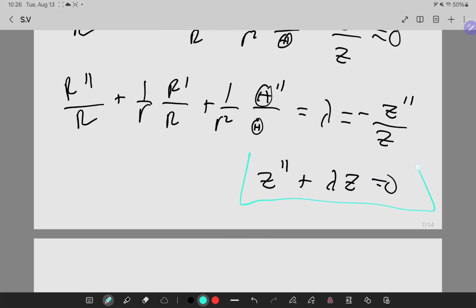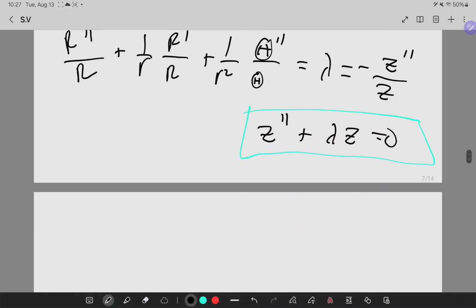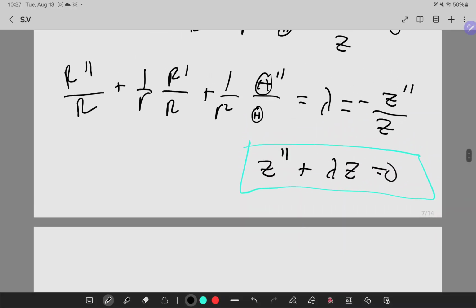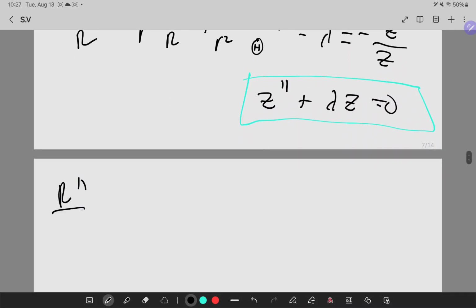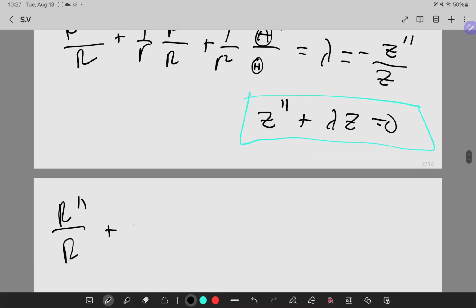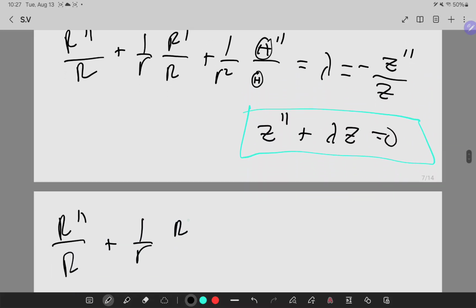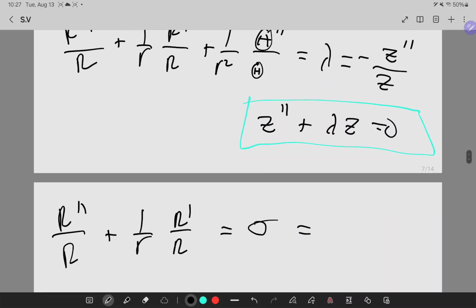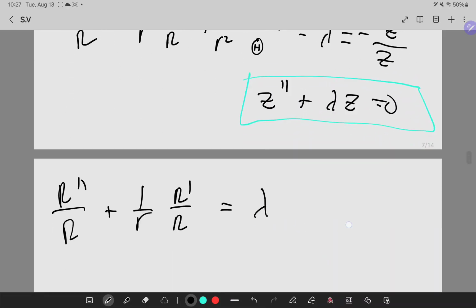So this is one equation. And then we remove that side of it, and we'll just look at this part over here now. We'll move this over to here. Well, actually, hold on. No. You can't forget about the lambda. It's still equal to lambda, right?